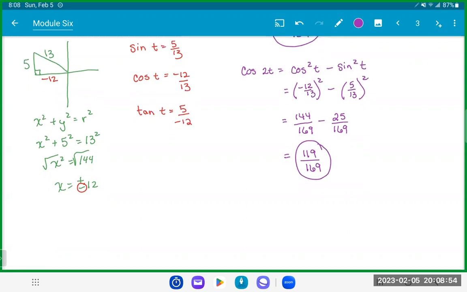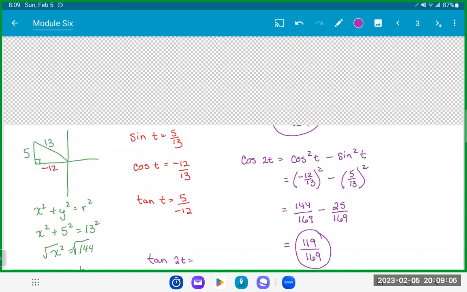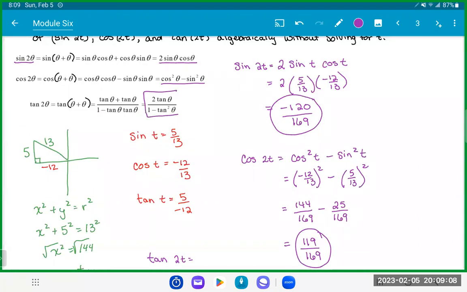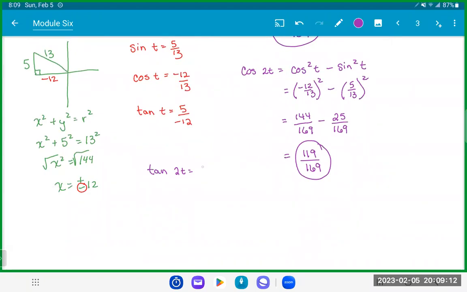Okay, and the last one we're going to do here is the tangent of 2t. So it's 2 tangent of t divided by 1 minus tangent squared of t.